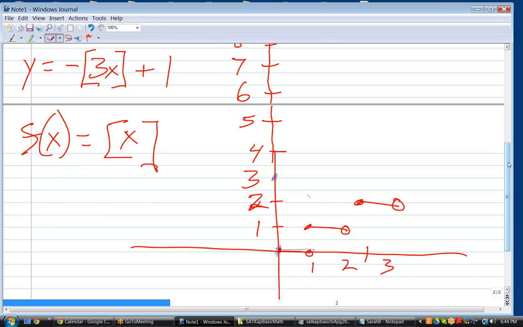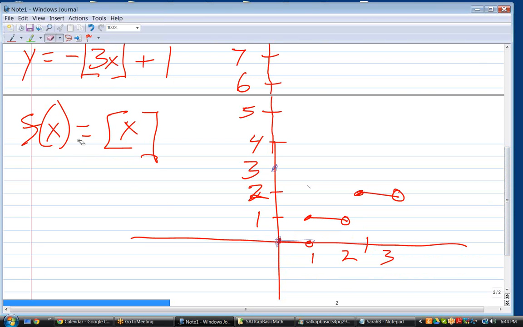The first thing we would do, if we do it step by step, would be that, I believe. In other words, what I've drawn here, if I take away those, would be just y equals negative greatest integer function.